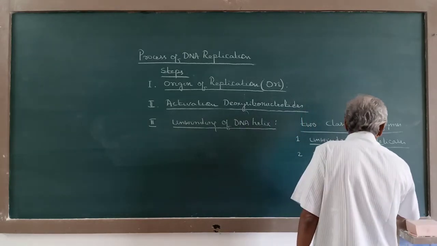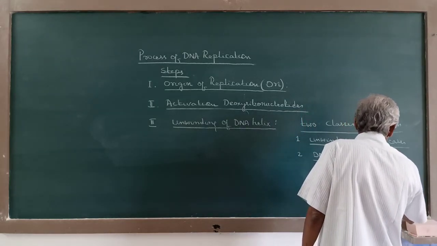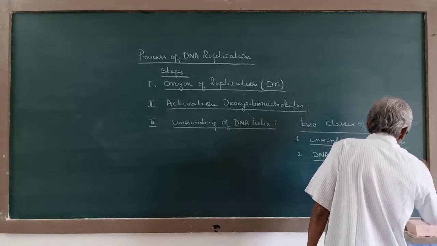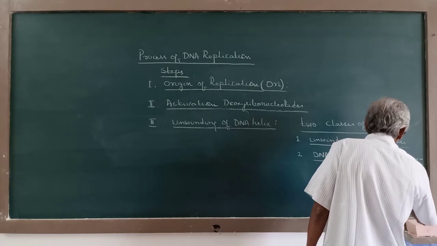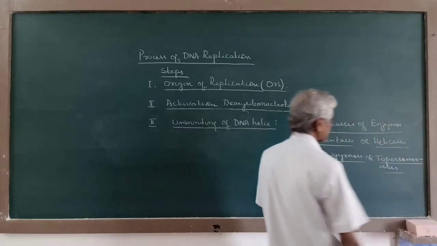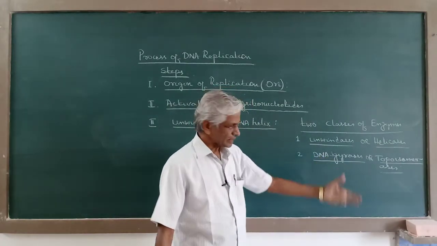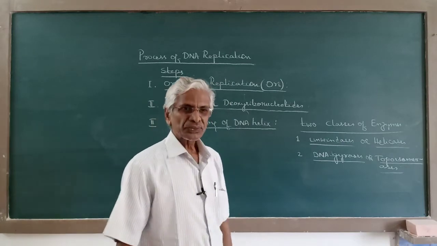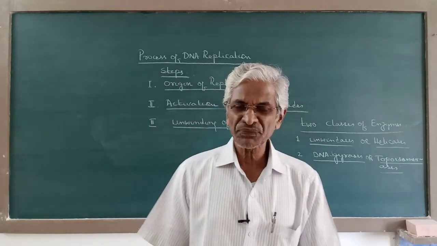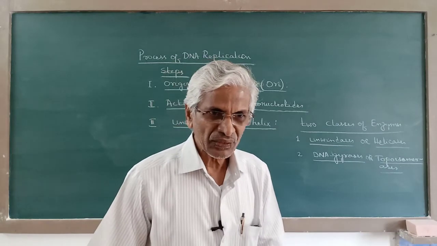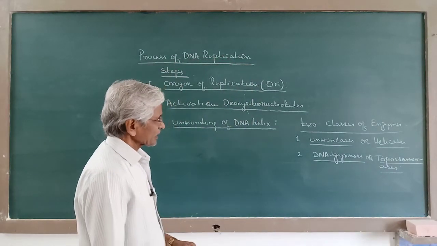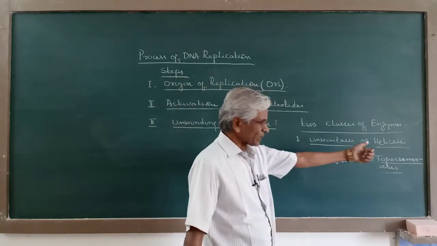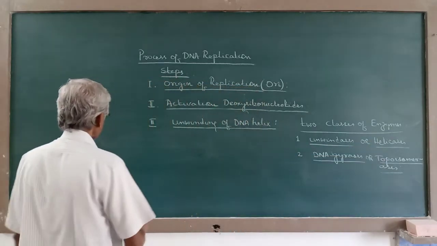DNA gyrases or topoisomerases or DNA gyrases. Now these are the two classes of enzymes that are responsible for unwinding of DNA helix. Now there are two types of enzymes here. One, unwindases or helicases.